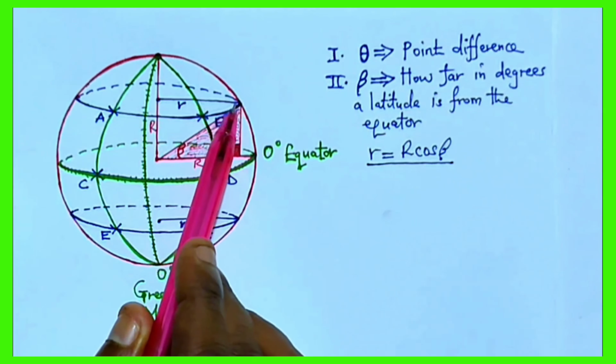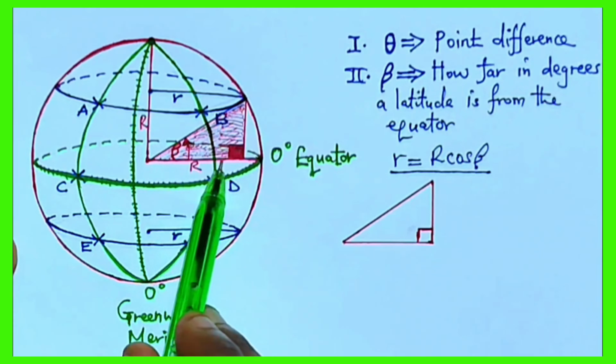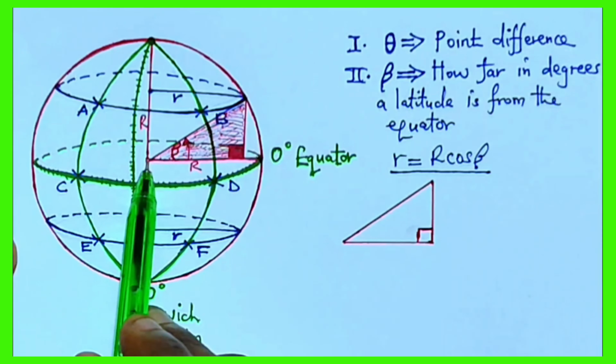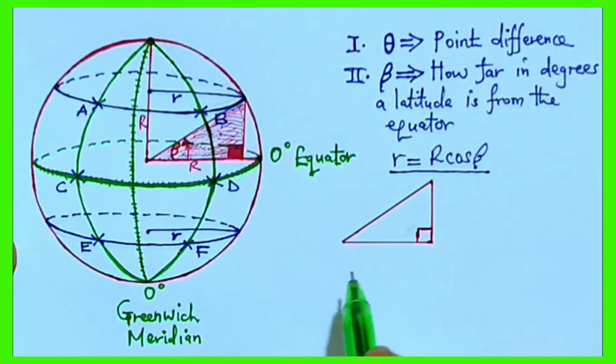So then, let's pick this triangle and see how we are going to arrive at this formula. So this is the right angle triangle here. And remember, the line from this point to this point was representing the radius. But now, since we are looking for the smaller radius, this line will be represented by the base of this right angle triangle. So it is from this point to this end.